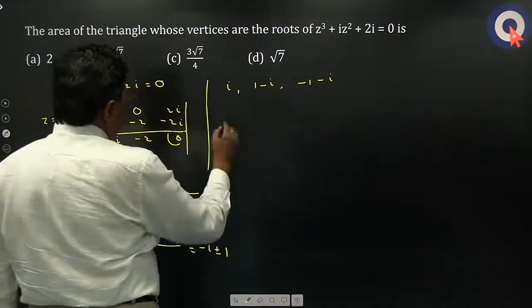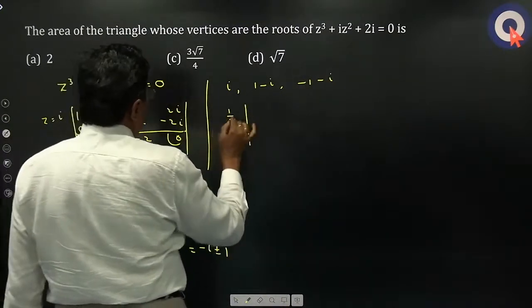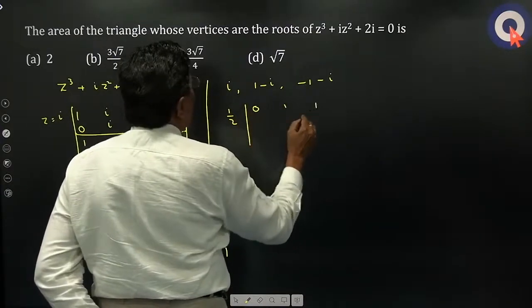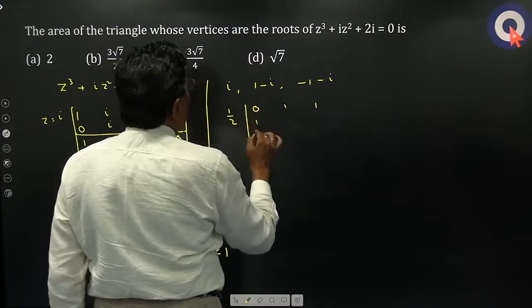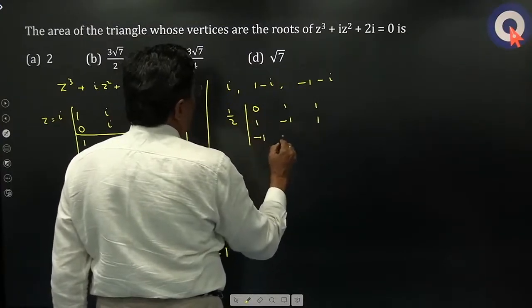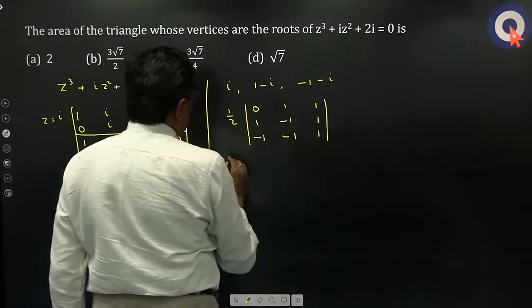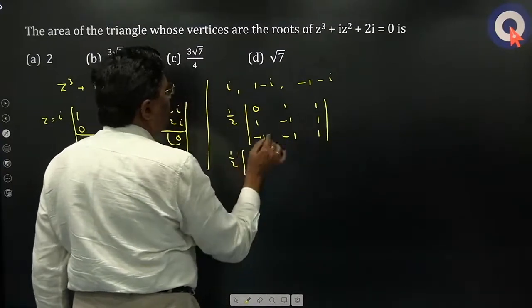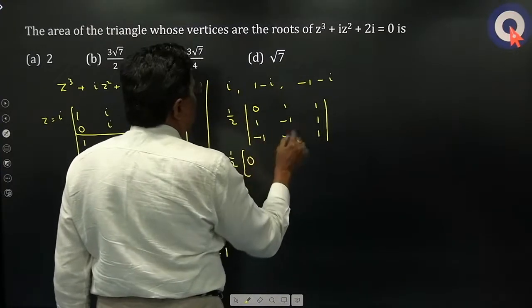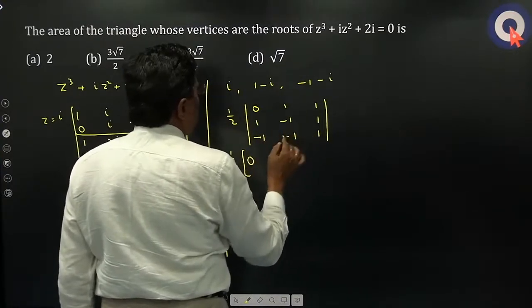So the area of the triangle is half of the determinant, you see here 0, 1, 1, 1, minus 1, 1, minus 1, minus 1, 1. So how much does this come to? Half into minus 1 plus 1, minus 1 plus 1, gone.